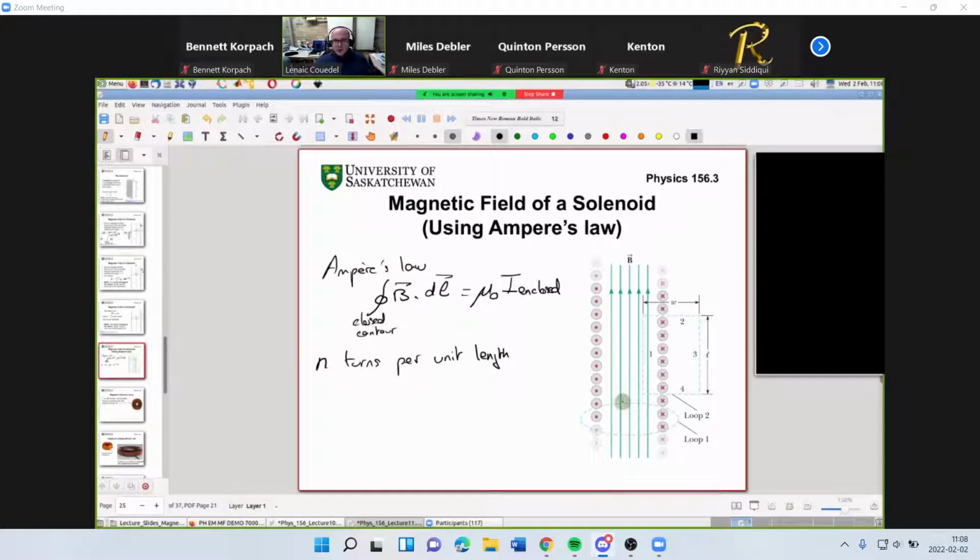So for my closed contour, I have two choices. I can use this one here, which I will call contour 1. But this is actually kind of useless. Why would that be useless? Any idea?